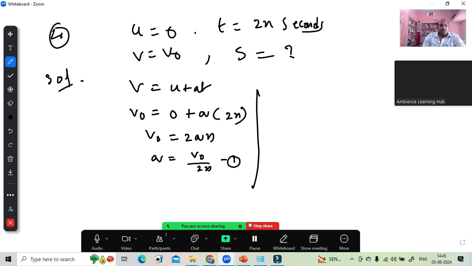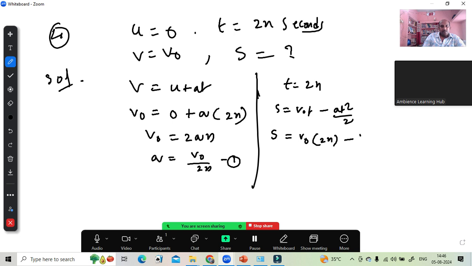So for displacement in last n seconds, I'm taking t is equal to n seconds. So we have s is equal to v naught t minus half at square. So s is equal to v naught into n, t is n, minus acceleration v naught by 2n into n square by 2.